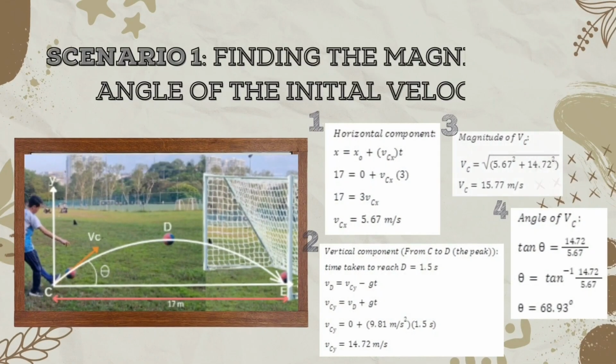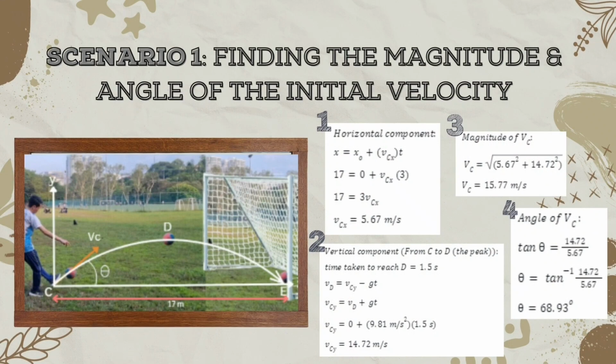First scenario, finding the magnitude and angle of the initial velocity when given the horizontal distance and time taken for the ball to reach the goalpost. So in the first step, we find the horizontal component of VC by assuming the time taken for the ball to reach the goalpost equals 3 seconds. After calculating it by using the formula, we got VCX equals 5.67 meter per second.